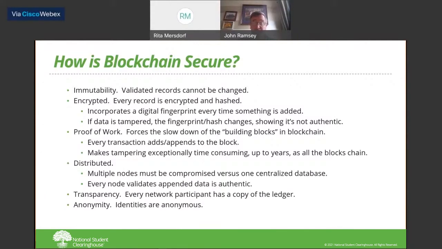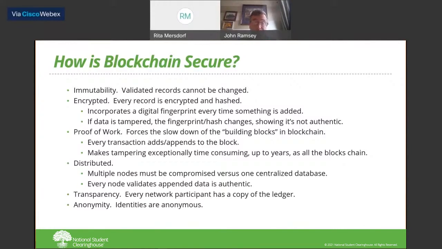Once it's there, it's there. The only thing that can happen is the data gets added to. So with this said, learners can't go in and alter the data that was provided to them by schools. Employers can't alter any data as far as employment history if that was part of the blockchain. It can only show when items or transactions occurred and when they changed.